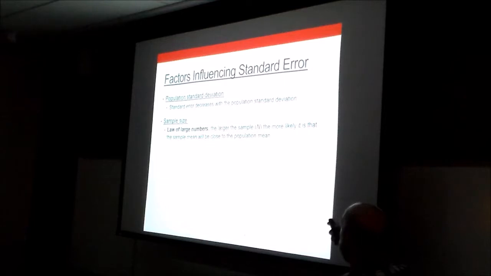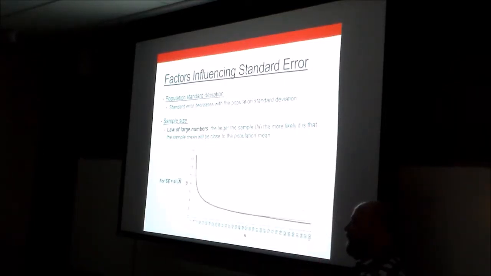Okay. Factors influencing standard error, and this is where being comfortable and not averting your gaze from formulas is helpful, because if I ask you what things influence standard error, and that's the equation, what are the 2 things that can possibly influence standard error?